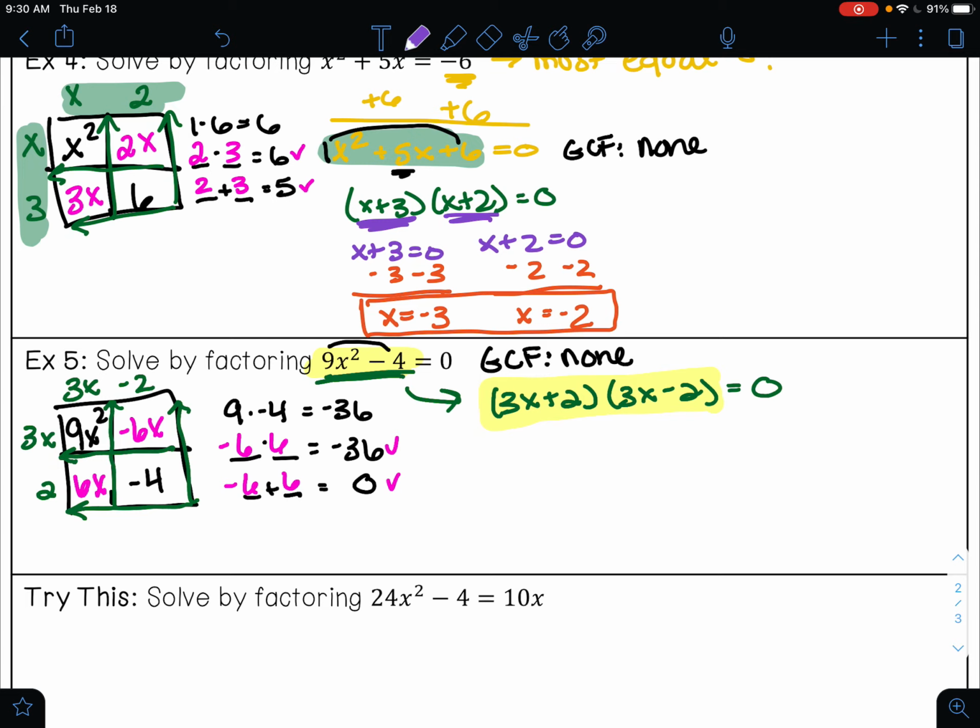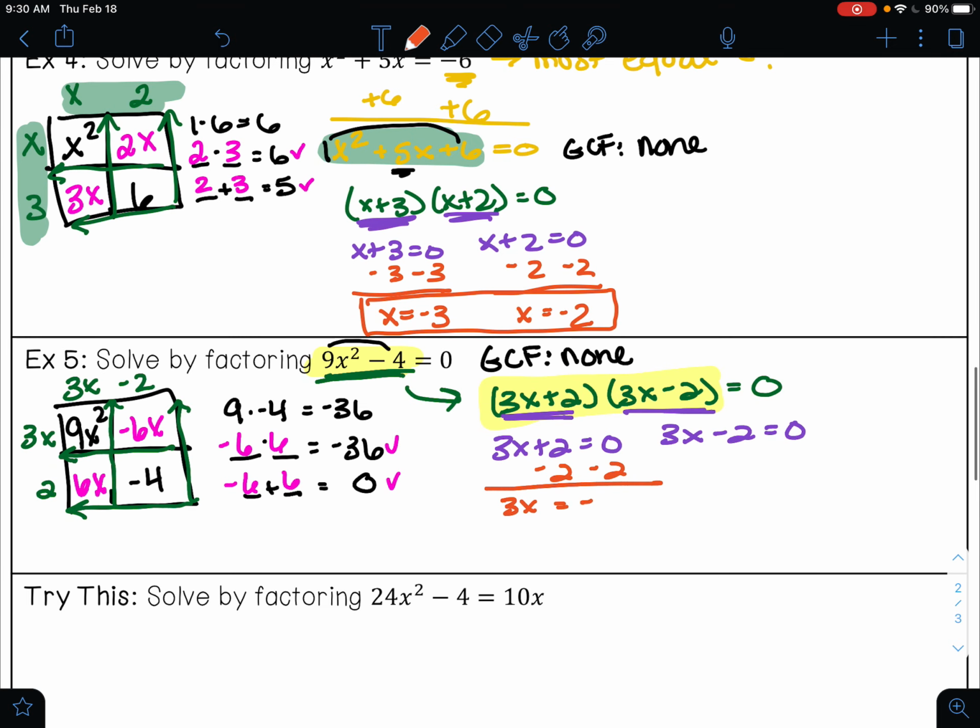Now that I have factored, I can use the principle of zero products. Either 3x plus 2 will equal 0, or 3x minus 2 will equal 0. To undo addition, I'll do subtraction and get 3x equals negative 2. To undo multiplication, I'll do division and get x equals negative 2/3.